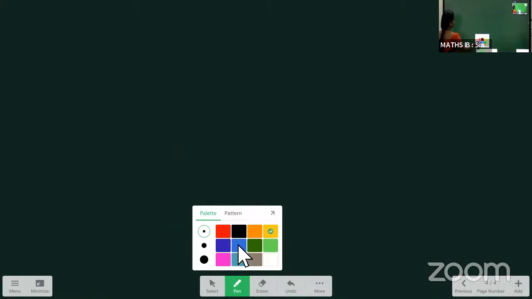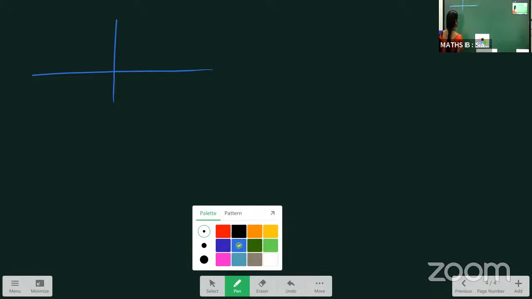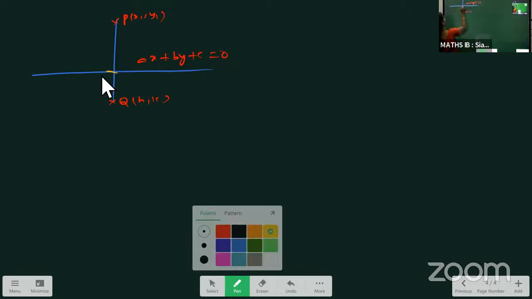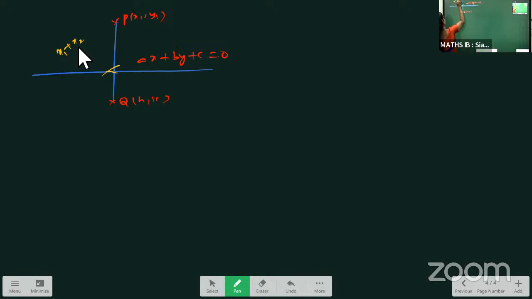Once again, I am drawing the diagram because the diagram is required here. P x1 comma y1 and Q h comma k, ax plus by plus c is equal to 0. Midpoint formula of both is x1 plus x2 by 2 comma y1 plus y2 by 2.